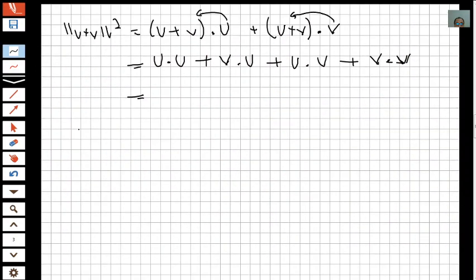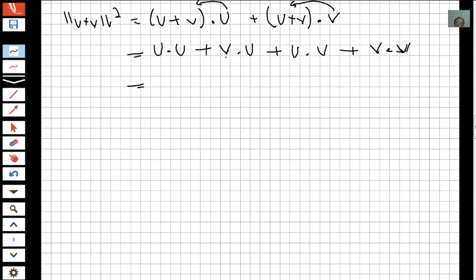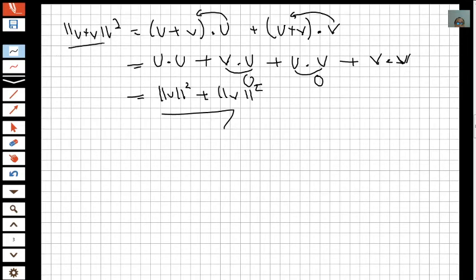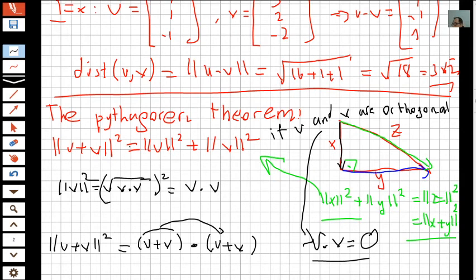Therefore, we understand that this one is equal to 0, this one is also equal to 0. Therefore, we just have u dot product u, which means the square of the length of u, plus, similarly, the last one will be the square of the length of v. That's it. We have the equality.